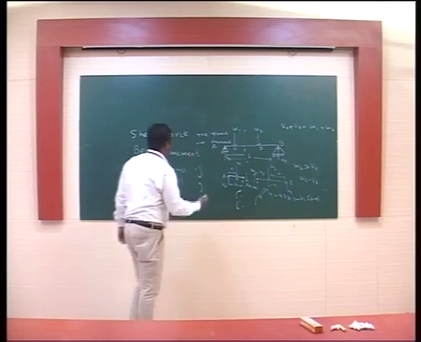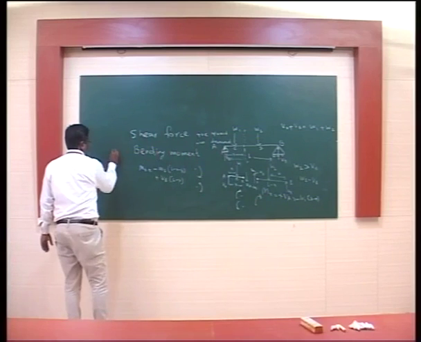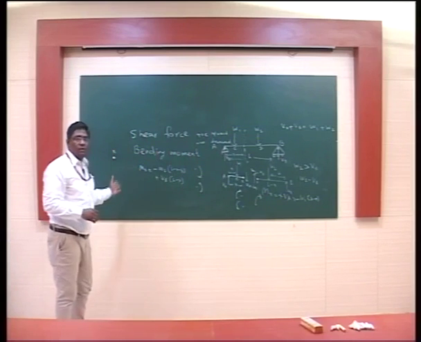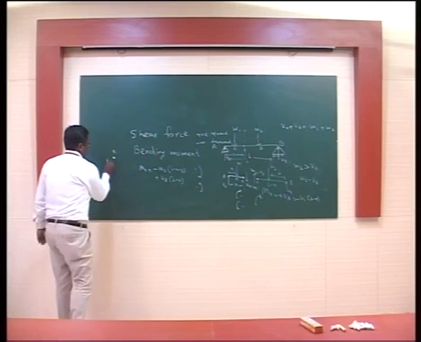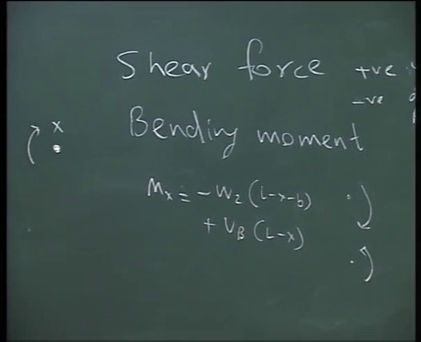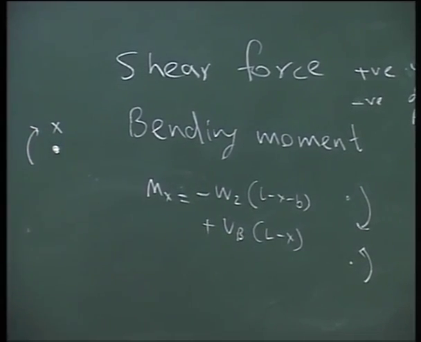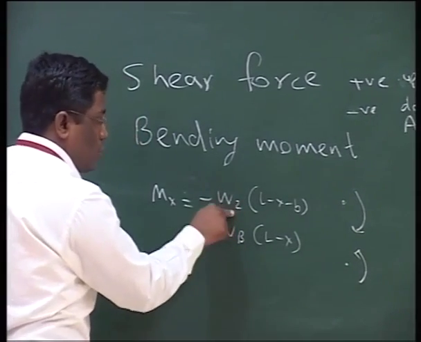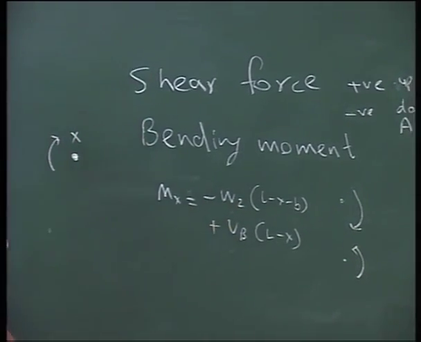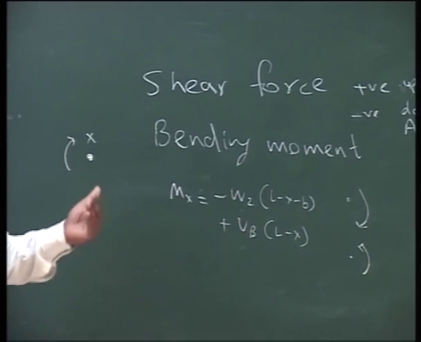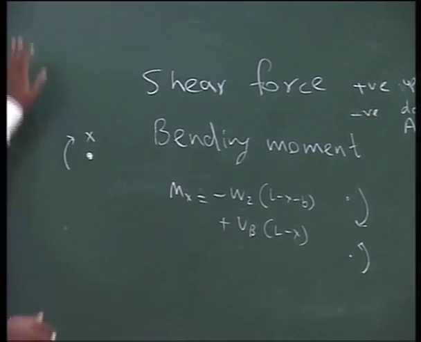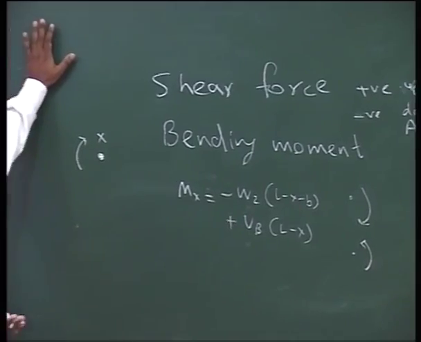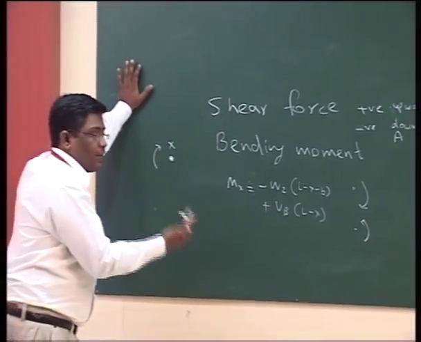That is, if I draw this point again, the point x, then the left part will give this type of bending moment, and the right part, because W2 is greater than VB, that means the dominating factor will be W2, and it will try to create a moment which is opposite to the moment of the left part.